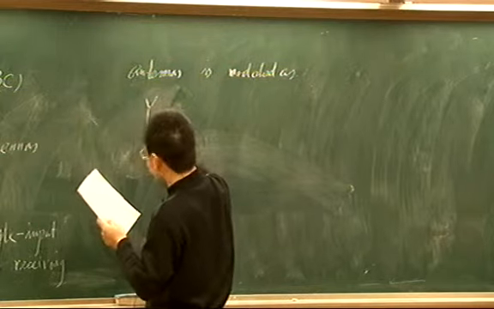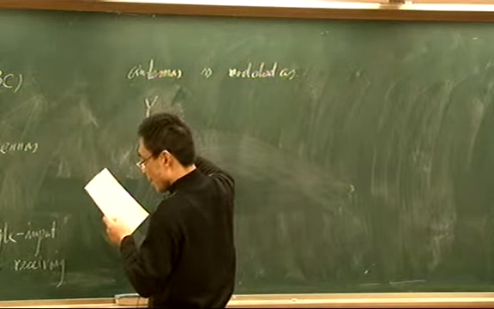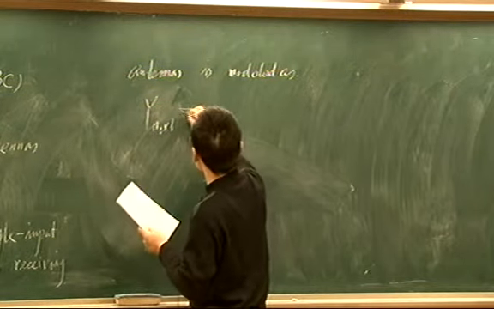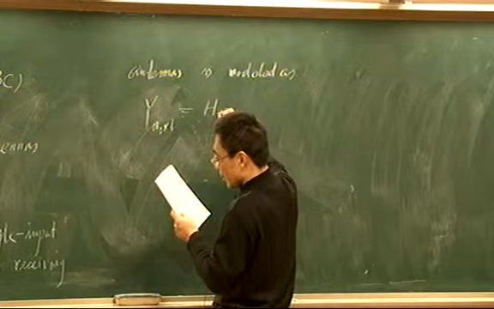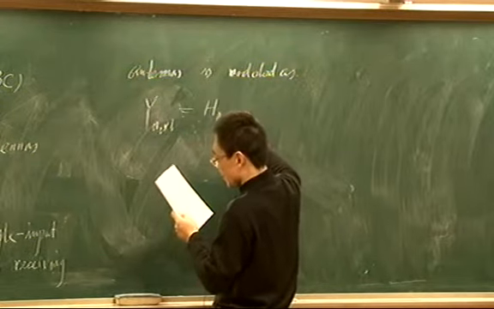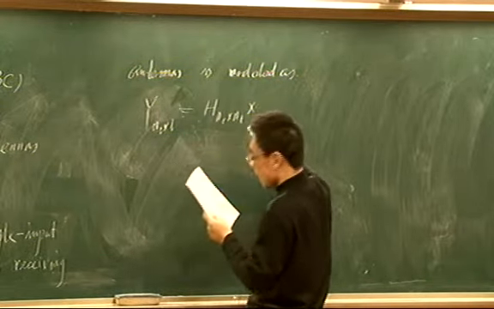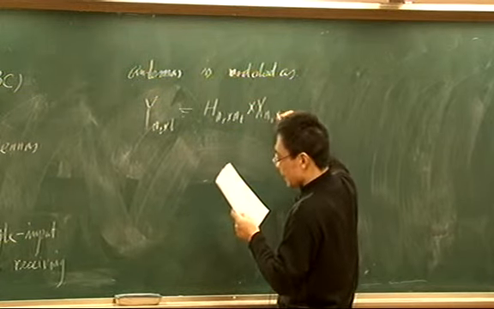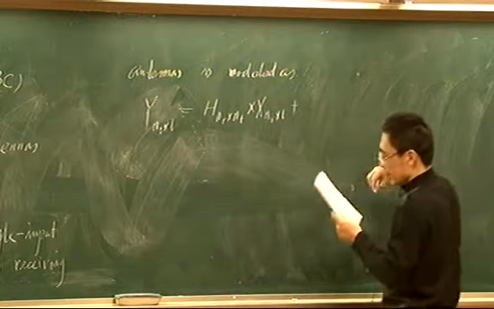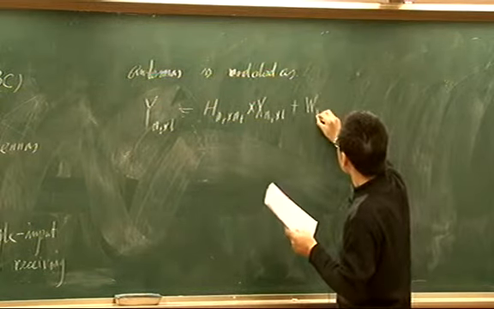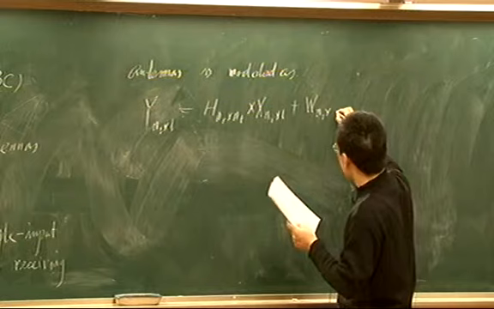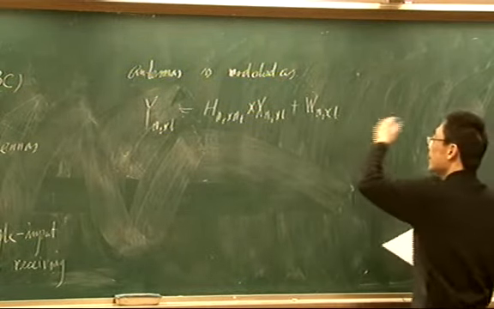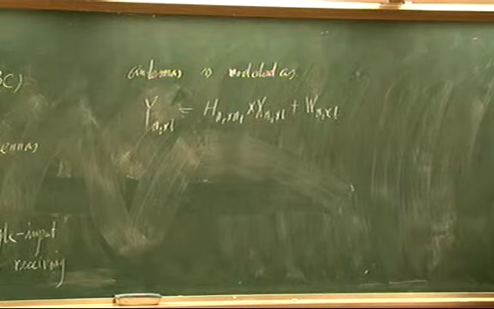Y matrix in R times L equals H in R times NT times X in NT times L plus W in R times L, where L is continuous.